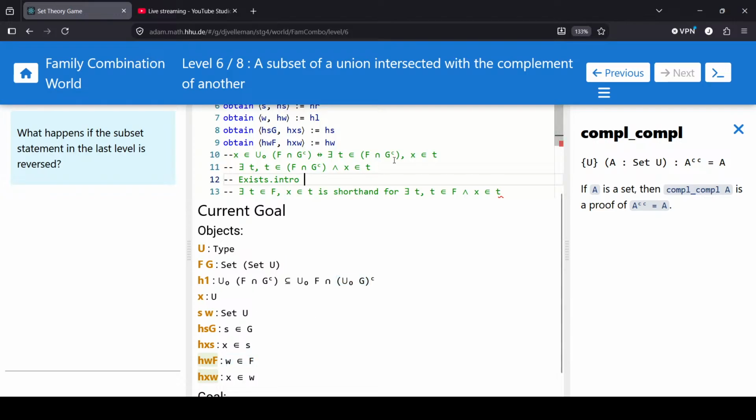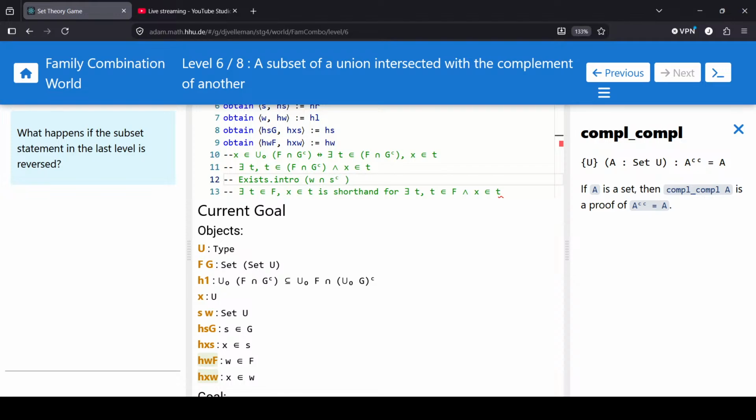Well, W is an F. So if I pick W, then I would want to take the intersection of W with the complement of G. Well, S is in G, so can I take the complement of S?